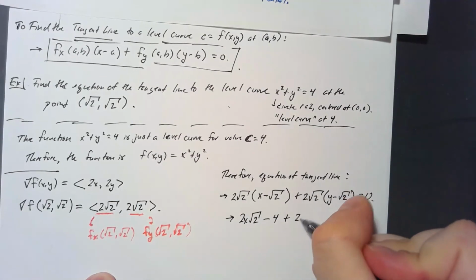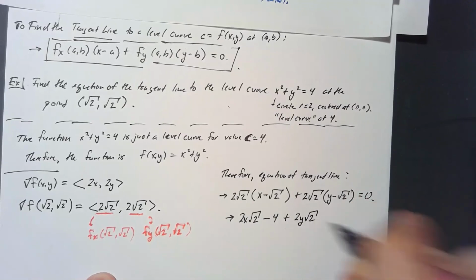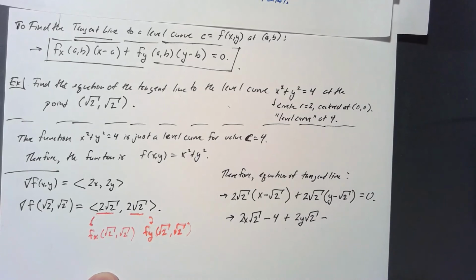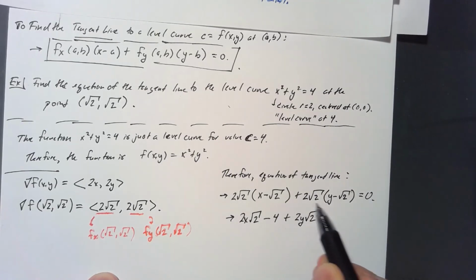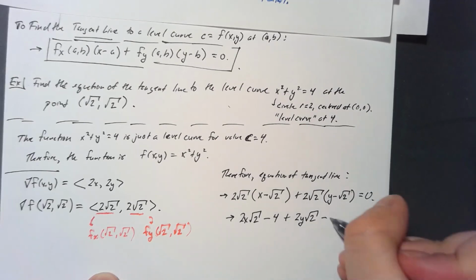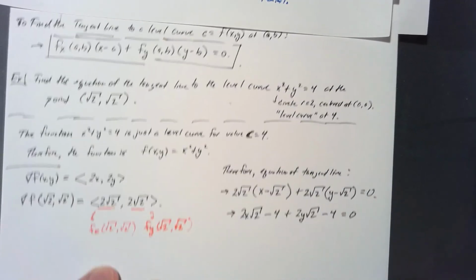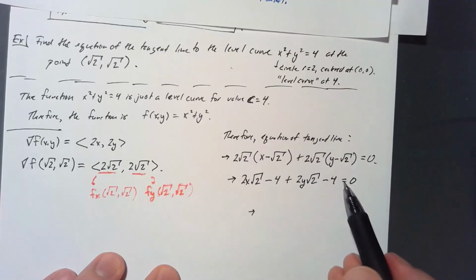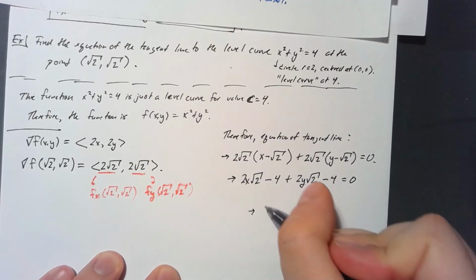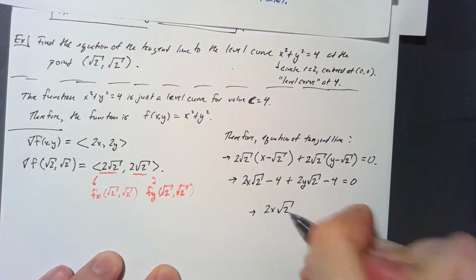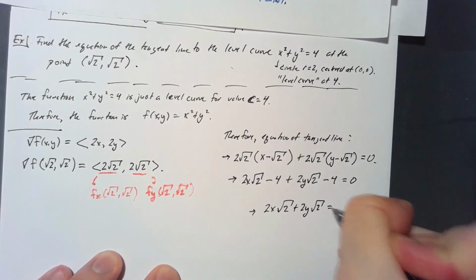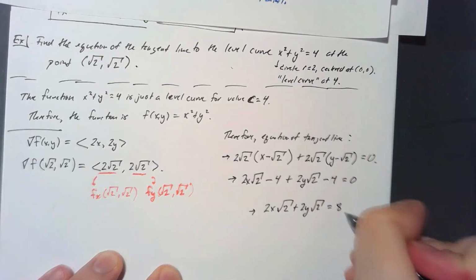Plus now I'm going to have 2y times root 2 minus, same thing, 2 root 2 times root 2, that's the square root of 4, which is 2. 2 times 2 is 4. That equals 0. So minus 4 minus 4, that's minus 8. I could bring that over. So I'm going to have 2x root 2 plus 2y root 2 equals 8.